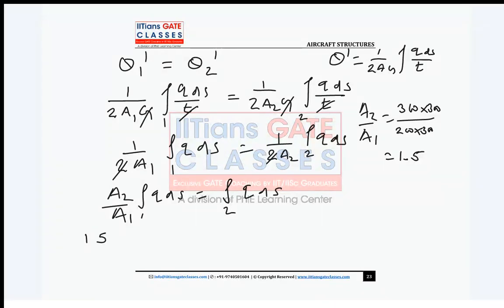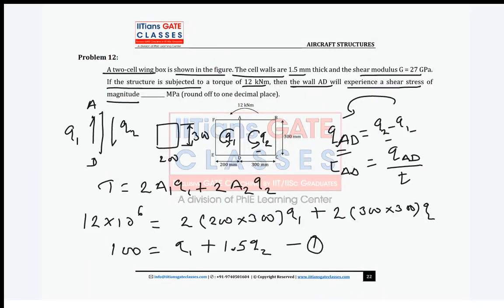Now guys, if you take section 1, I am starting from D. D to E, what is your shear flow? My D to E shear flow is Q1, right?